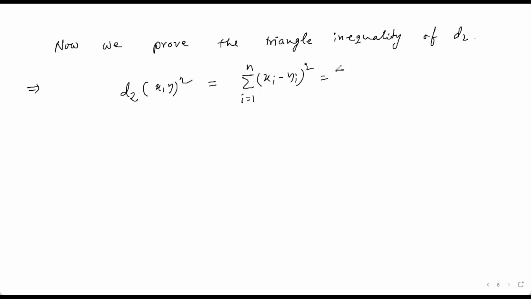In other words, we can write this as norm of x minus y square, which is equal to the inner product of x minus y comma x minus y.